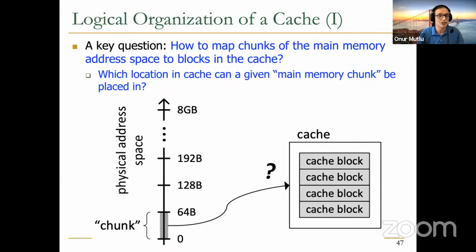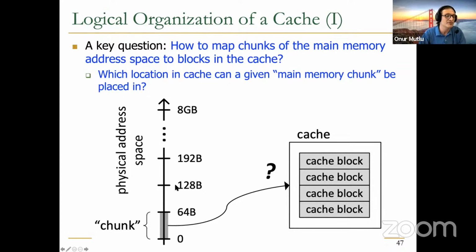So if you look at a logical organization of a cache, there are many questions over here. But one key question is, how do you map the chunks of the main memory address space to the blocks in the cache? In other words, which location in the cache can a given main memory chunk be placed in? So you can think of this conceptually as this picture over here. You may have a physical address space of 8 gigabytes, for example, and you divide it into chunks. I'm going to call them blocks later on, but for this picture, entertain me with the word chunk over here.